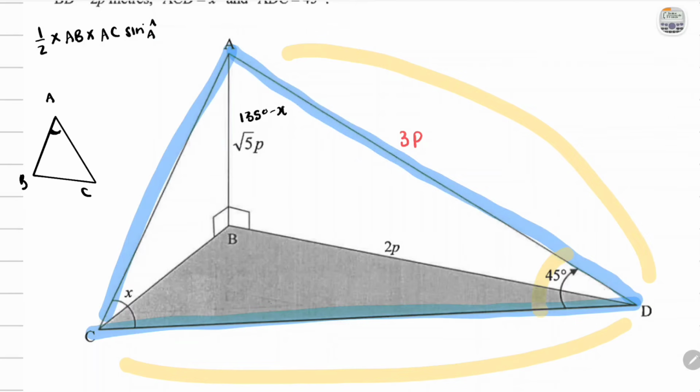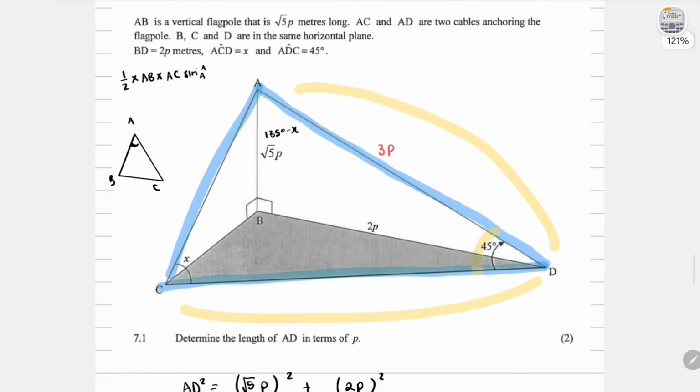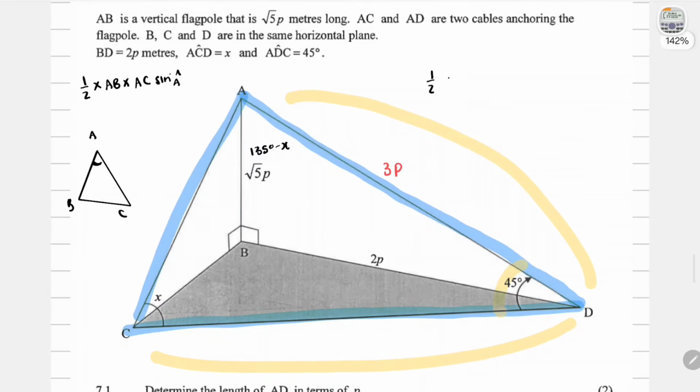So sine of angle A. And that's what we're going to use here. So this would be a half multiplied by AD multiplied by CD, and then sine of that center angle, which is 45 degrees. And then we'll just substitute AD and CD and then substitute the value of P and X.